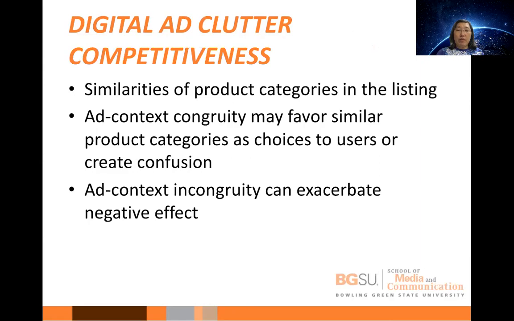It may favor similar product categories and choices to users, just like I mentioned earlier: if you are a magazine advertisement on websites for clothing, then if you're doing a clothing brand, that would be considered relevant. But if you are doing something else, like banks, among multiple others, it will create confusion because they are not relevant and people don't want to process it. So ad context incongruity can exacerbate the negative effects of advertising.